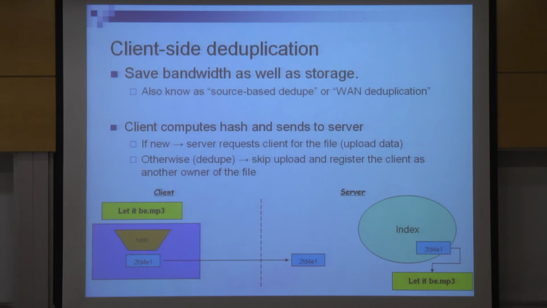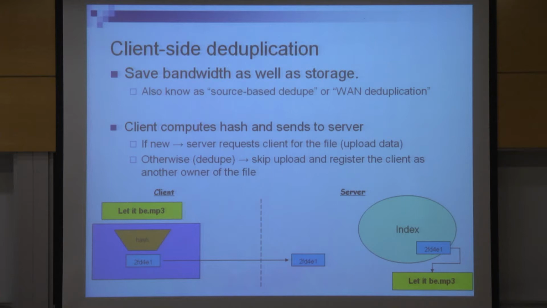If it's not there, it should reply to the client and say, okay, this is new to me, please send the file over. And then the file is sent. If the file is redundant, we saved on the bandwidth, which is big in some cases. So this is client-side deduplication.